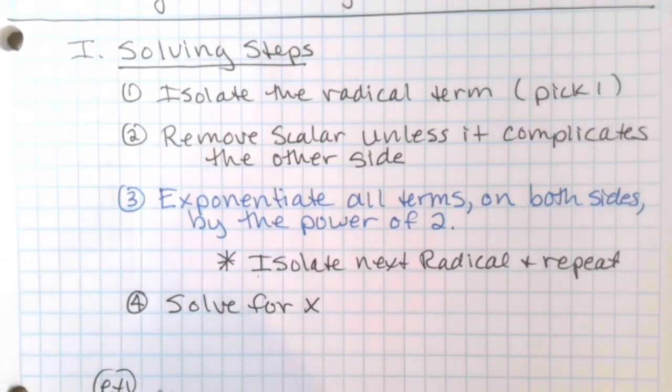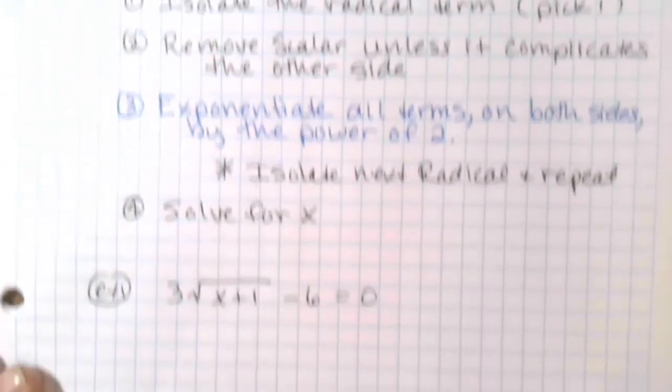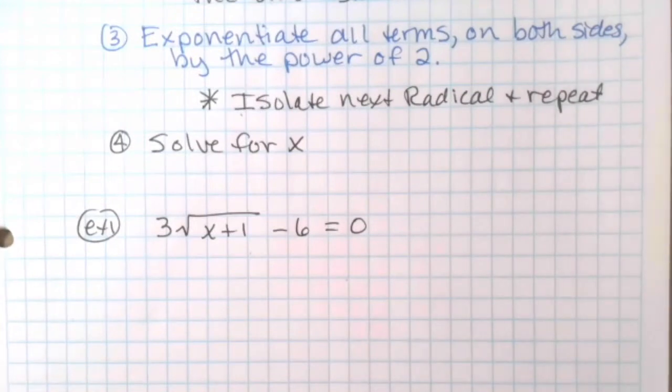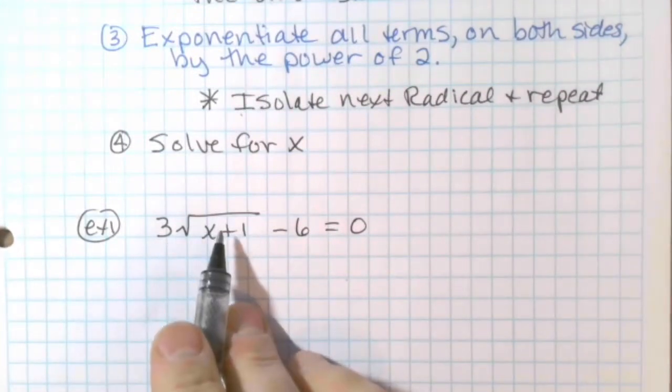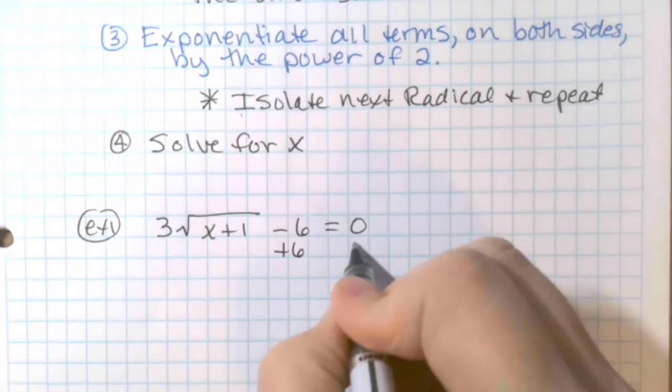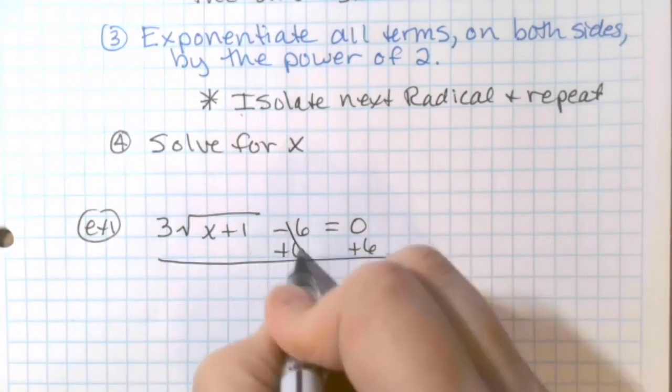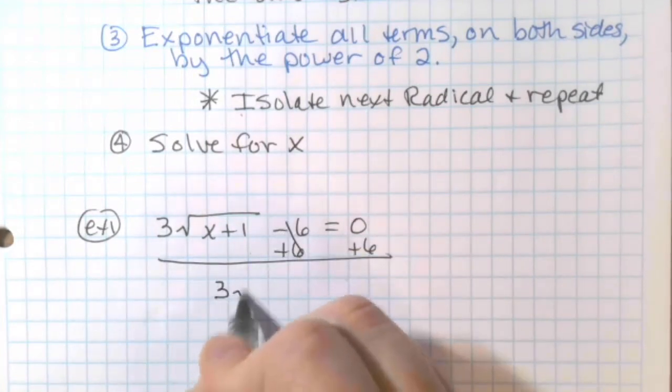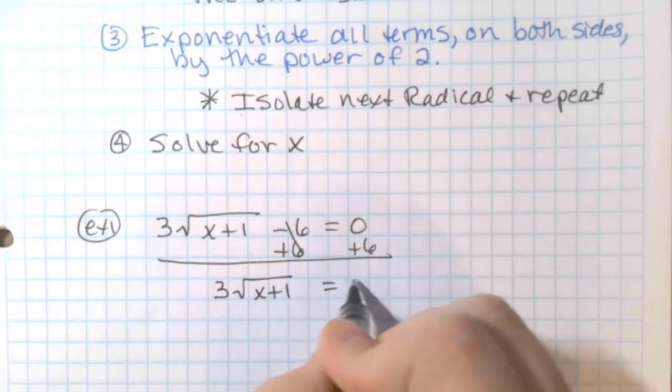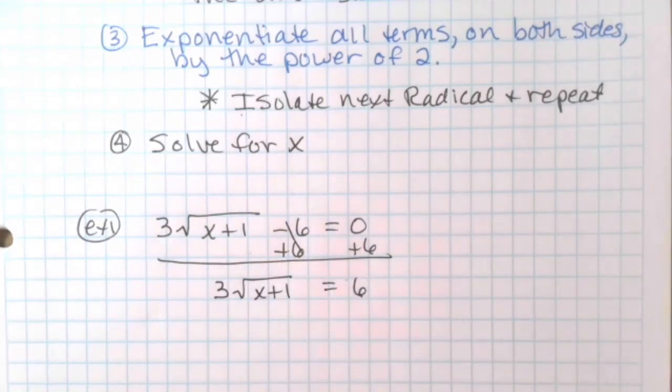Example 1. 3 square root x plus 1 minus 6 equals 0. So first thing we want to do is get the radical term alone. So we're going to add the 6 over to the other side. So now I have 3 square root x plus 1 equals 6. All right, so now we're going to move the scalar.